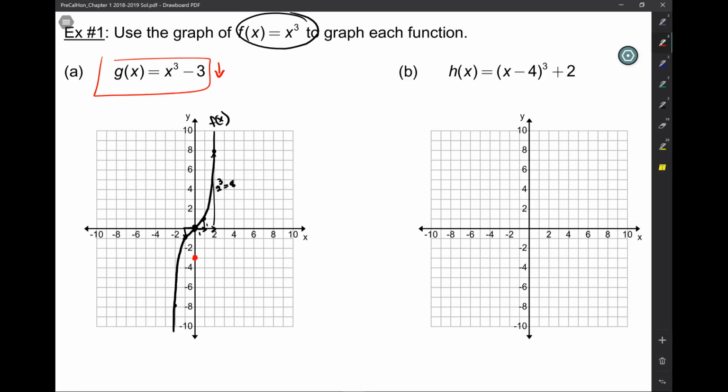If I go horizontally 1 space, I go up 1 cubed, which is 1. It's mirrored like that because it's an odd function. And if I go over horizontally 2 spaces, how much do I go vertically? 8, right? It's always the same. So 1, 2, 3, 4, 5, 6, 7, 8.